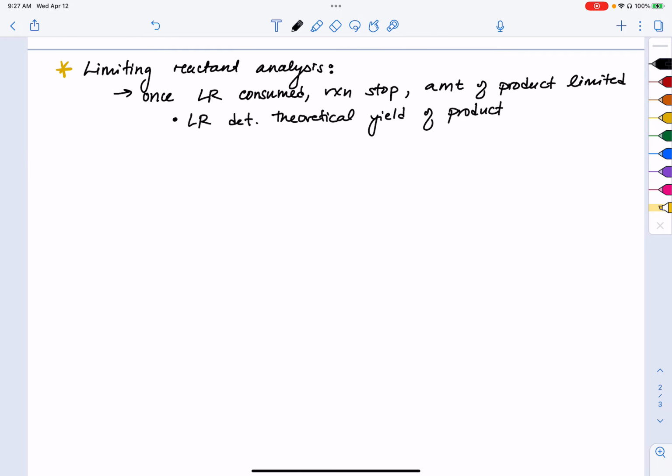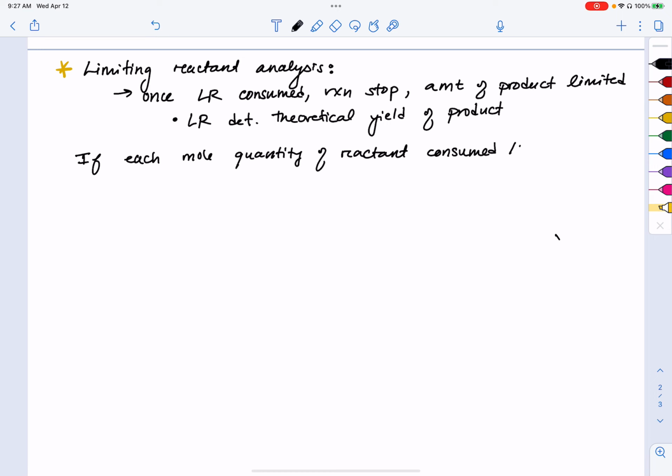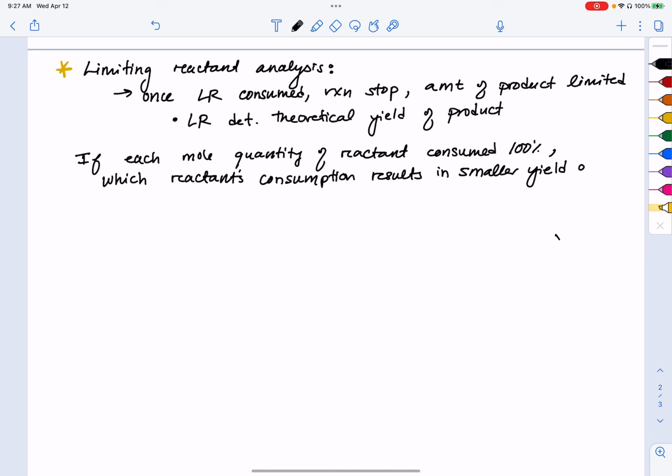So remember, anytime we do a limiting reactant analysis, we are trying to answer the question: if each mole quantity of our reactants is completely consumed, which reactant's consumption results in the limited or smaller yield or quantity of product?